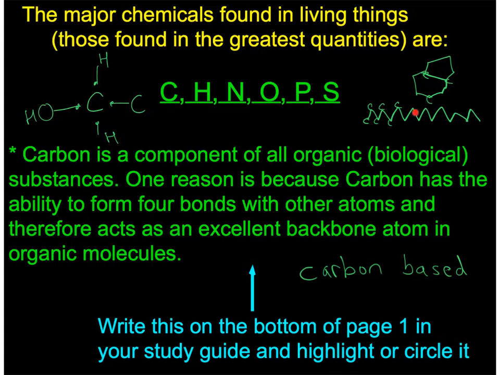These are all carbons, and then coming off of them can be hydrogens and nitrogens and oxygens and so forth. Same here. So because carbon has this cool ability to form 4 separate bonds with 4 other atoms, it makes a great atom for building really complex molecules. So as a result, the kinds of molecules that are used to build life are carbon-based, and as a result, life on planet Earth is carbon-based.